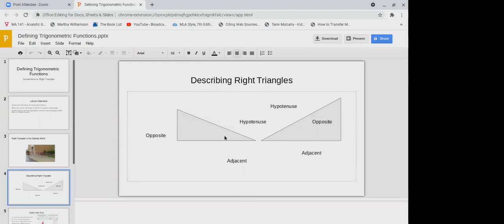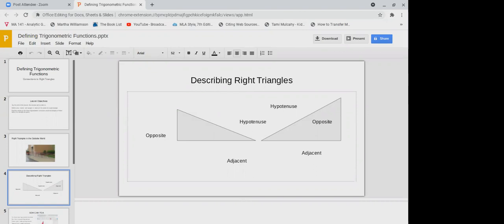The side that shares a ray of the angle with yours is the adjacent side. Now, you might be confused that it might be this thing called the hypotenuse, but the hypotenuse is always opposite the right angle. And I said we would come back to that in a minute. A right angle is a 90-degree angle.